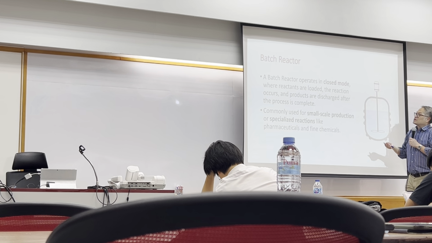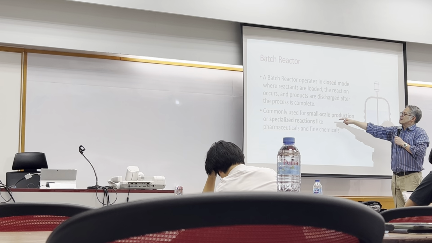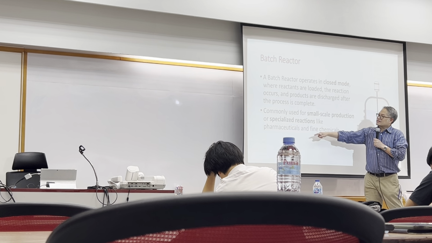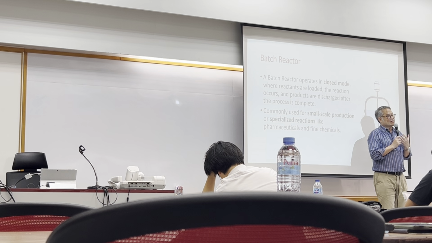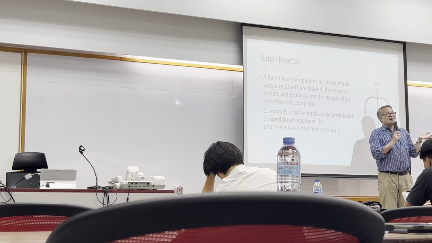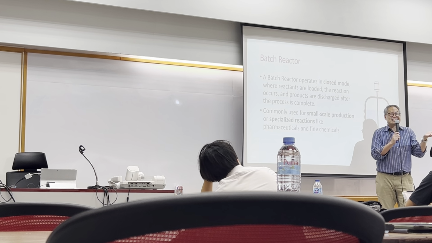Okay, so this one is commonly used for small scale production of specialized reactions. For example, in pharmaceuticals, you don't need to produce 1,000 tons of Tylenol per day, or maybe you do, I don't know.